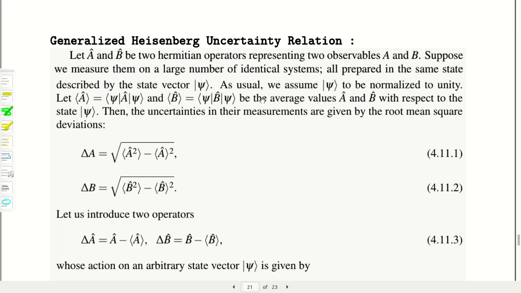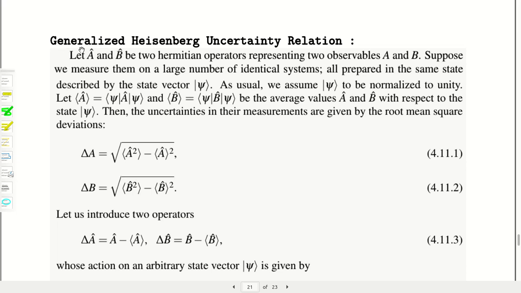Actually, this is not the proof of Heisenberg uncertainty. It cannot be proved in any way, because we have our predetermined results, and we will use them to get the Heisenberg uncertainty relations.